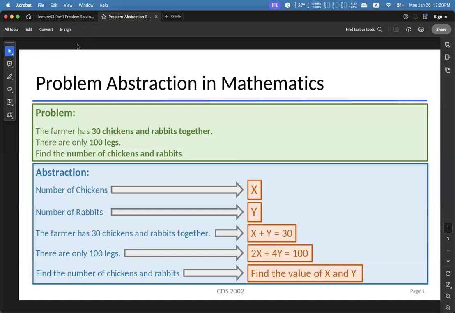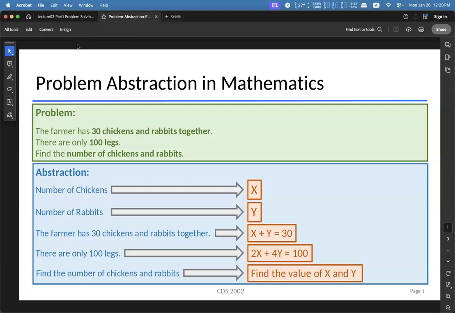X is the number of chickens, so we use 2x to represent the number of legs of the chickens. The rabbit has 4 legs, so we use the term 4y to represent the number of legs of the rabbits, and we add these two numbers together to equal 100.